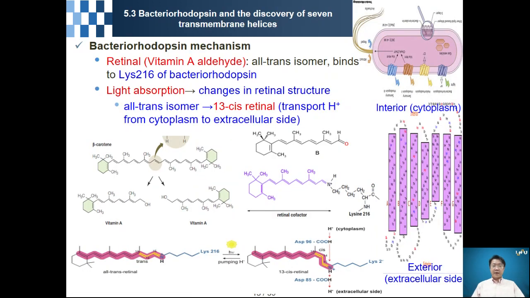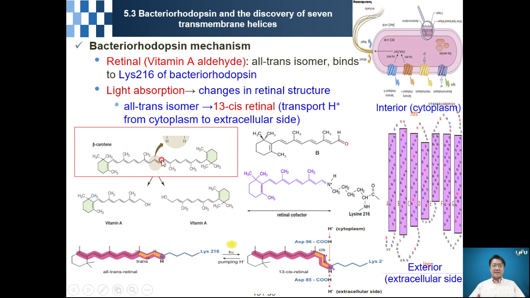In this slide, I will explain the bacterial rhodopsin mechanism. The mechanism happens in the retinal. This is the retinal structure. Retinal comes from beta carotene. Carrots have lots of beta carotene.